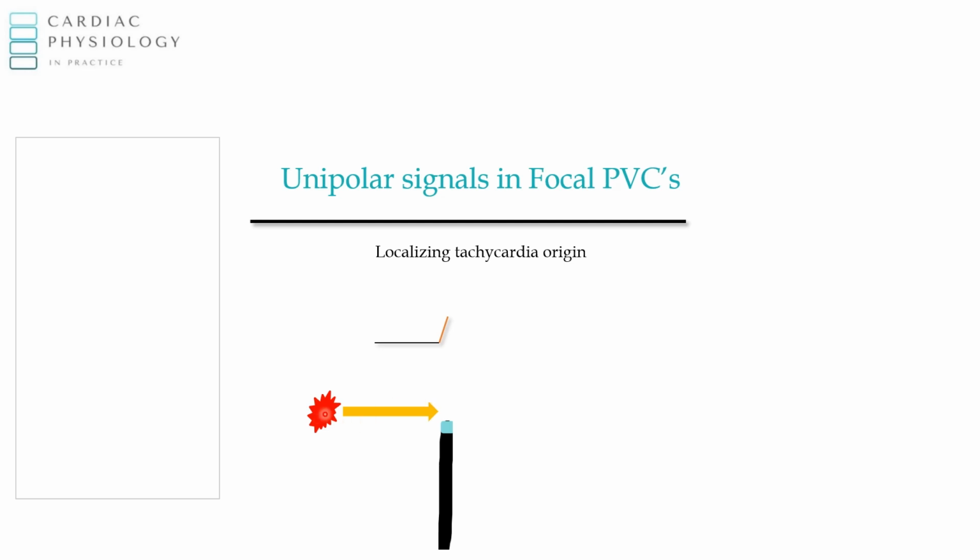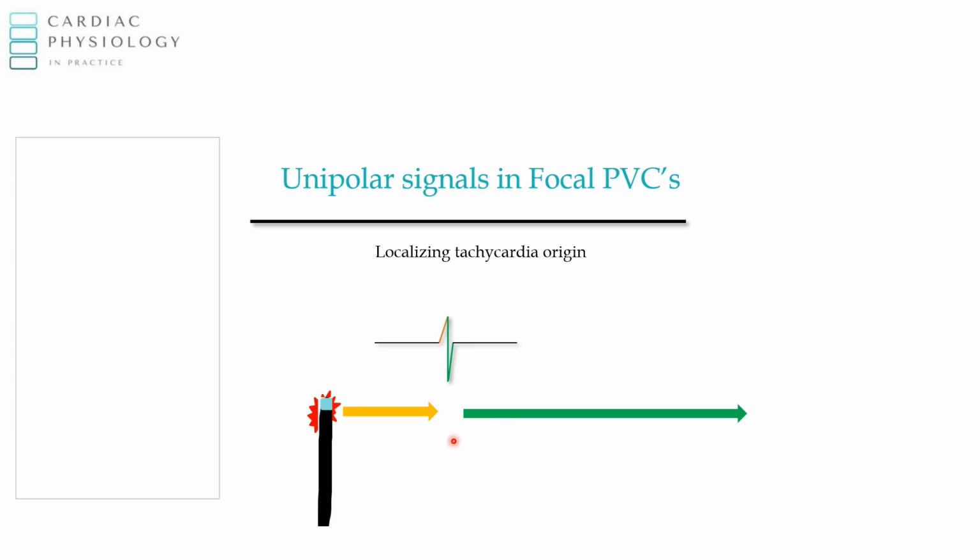So as the depolarization comes from the ventricular origin and moves towards the ablation electrode, it'll exhibit an R wave on the unipolar electrogram. And then as depolarization travels past our ablation catheter and moves away from our ablation catheter, then the unipolar signal will exhibit a large negative component on our electrogram.